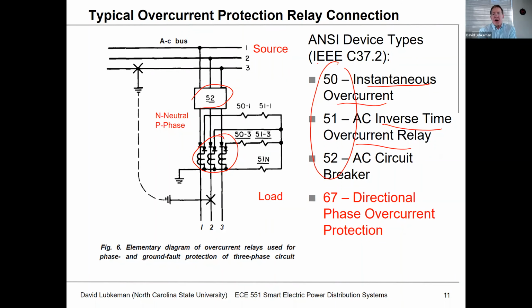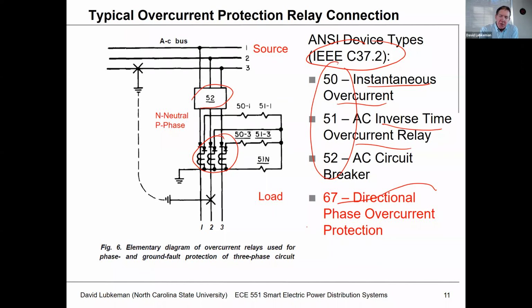These are actually defined in the IEEE standard C37.2. And basically these CTs or these current measurements would be in the bushings of the circuit breaker typically. And what we would do is we would feed these back into the relay in order to make decisions on tripping the circuit breaker.